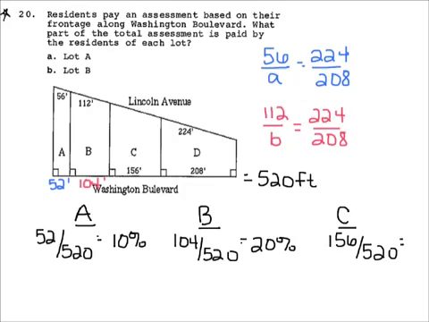I get 30%. And I would bet this next one is 40%. Where am I going to put resident D? D would be 208 out of 520, which is 0.4, 40%. Okay, that's all there is to that one.